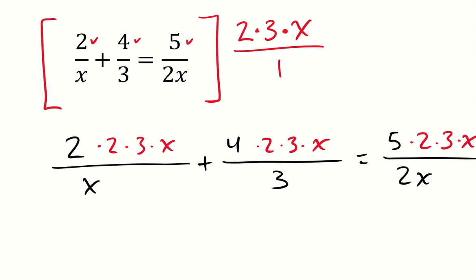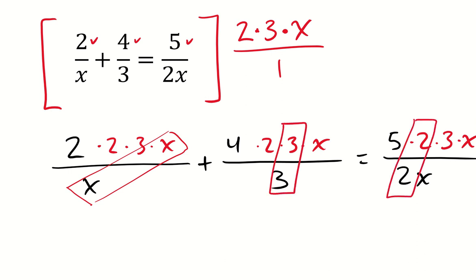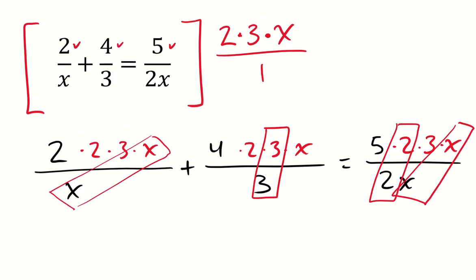So this is a perfect situation because I can see all of the giant ones. X over x equals 1. There's a 3 over 3 that equals 1. There's a 2 over 2 that equals 1. And then there's also this x over x that equals 1. So the fractions are completely gone, and the resulting equation is 12 plus 8x equals 15.